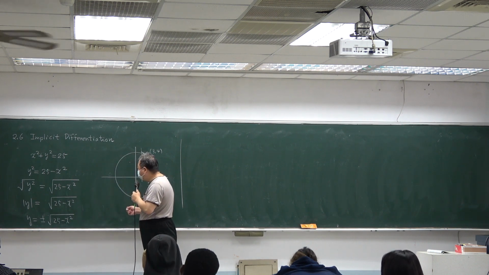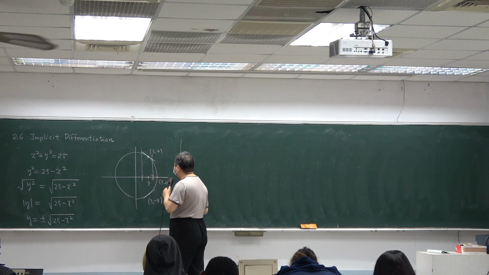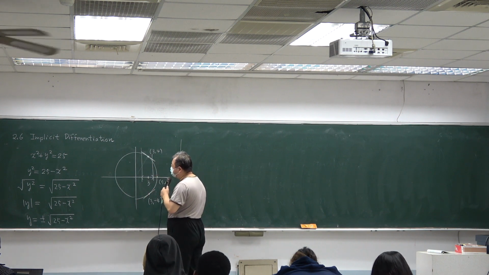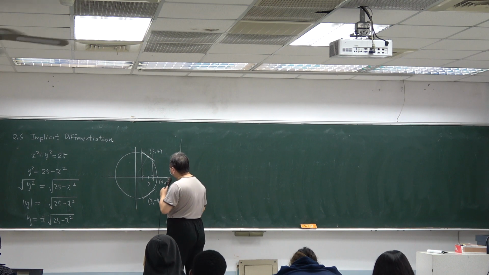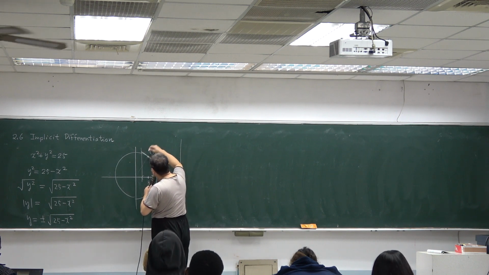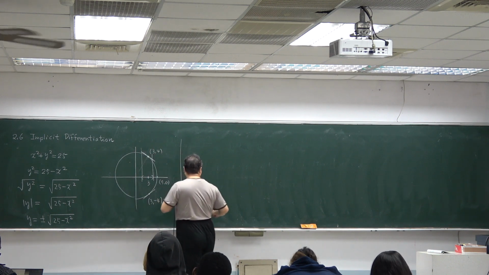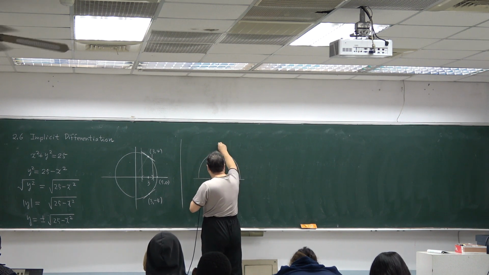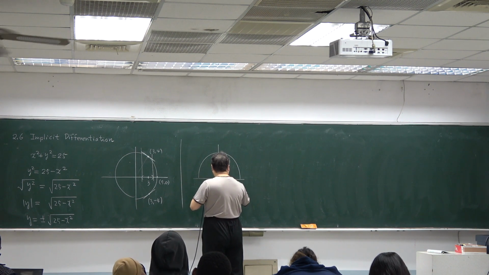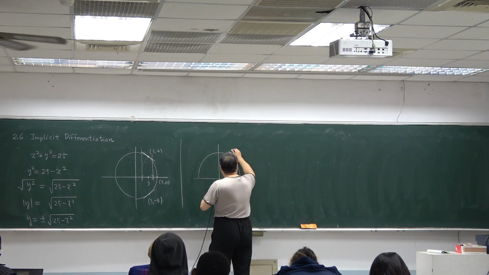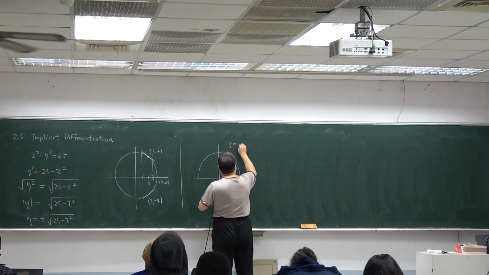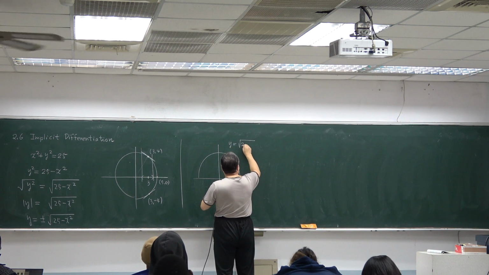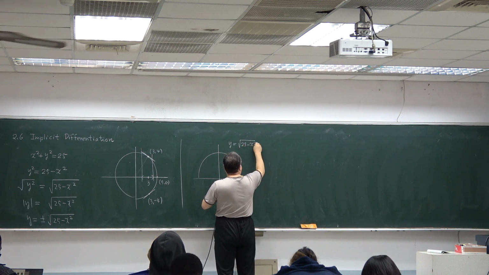In this case, we can write down these two functions explicitly. For example, here, we consider y equals the square root of 25 minus x squared.